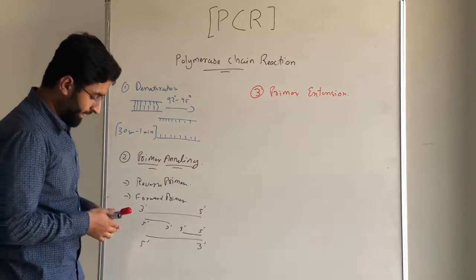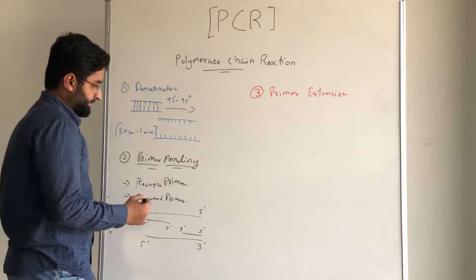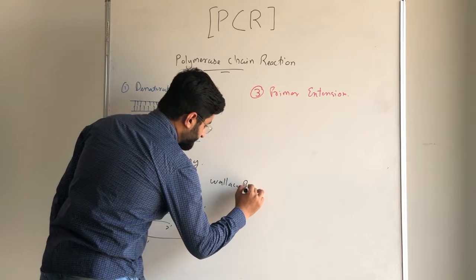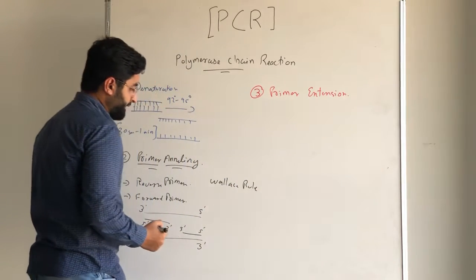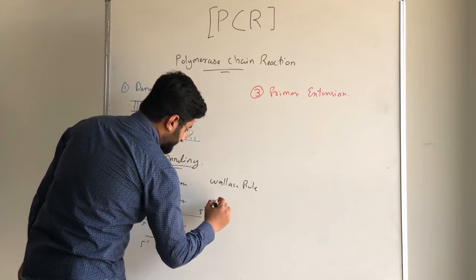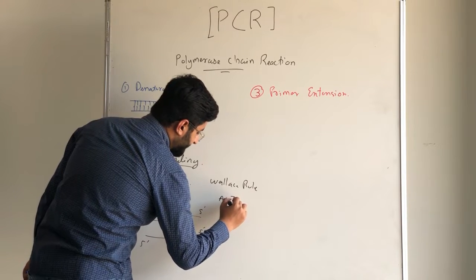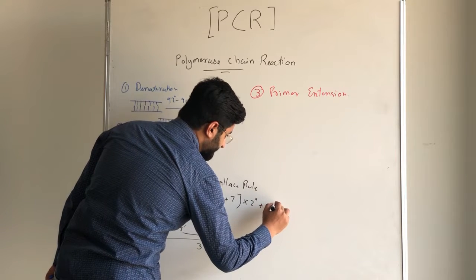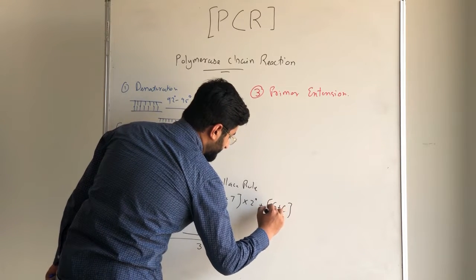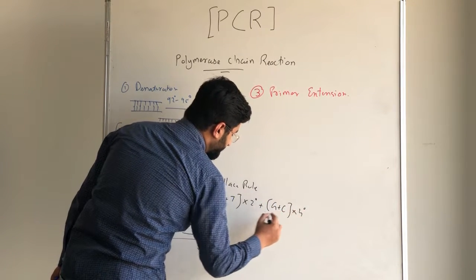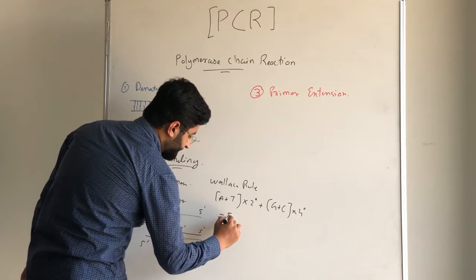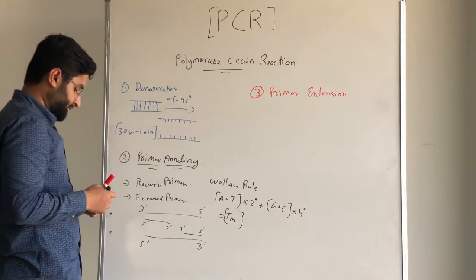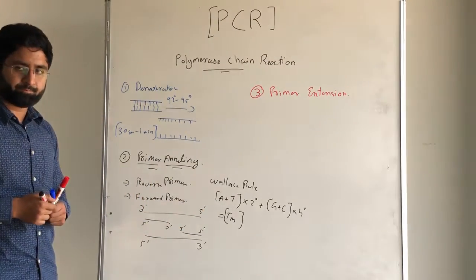We measure it with the help of a rule called the Wallace rule, which is (A plus T) times 2 degrees Celsius plus (G plus C) times 4 degrees Celsius. This will give us the temperature of that particular primer, right?